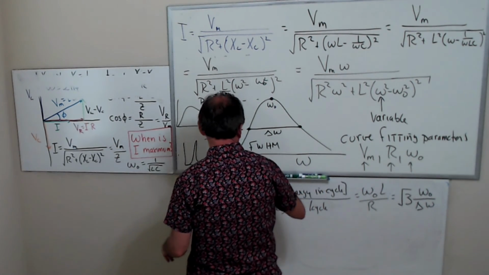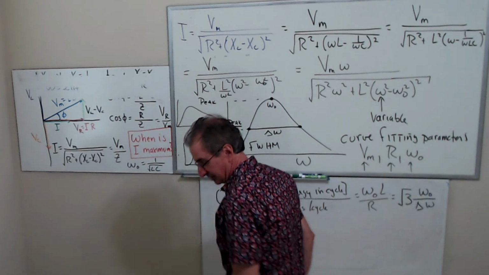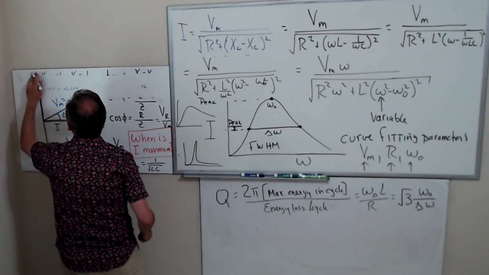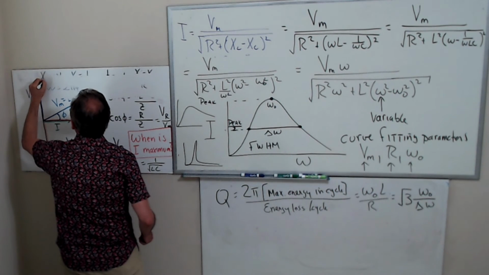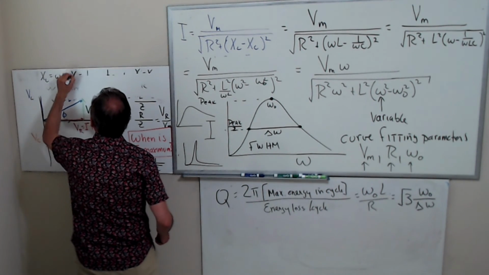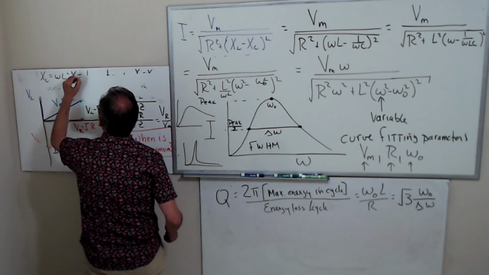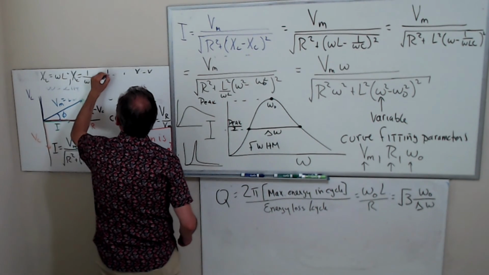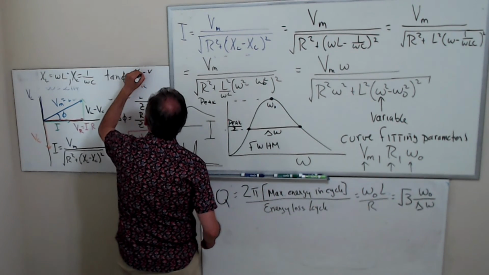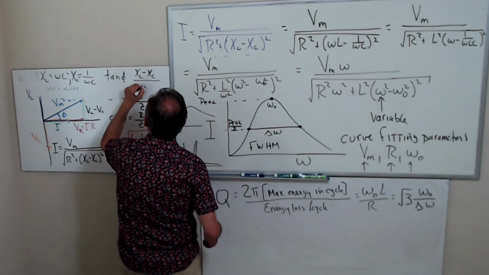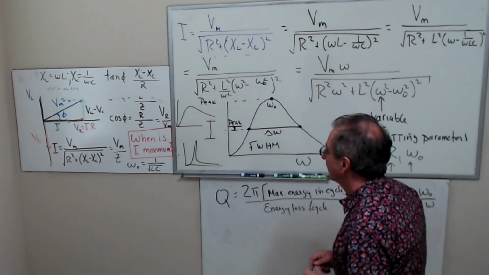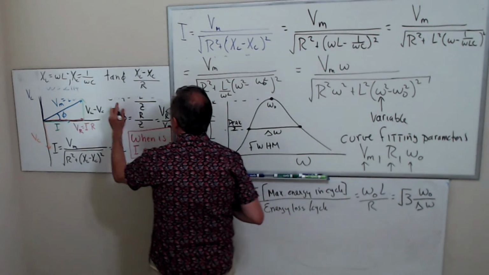I'm going to leave it there. Hold on a second, I messed that up. I was trying to do it to get more space, but let me leave that there. Okay.